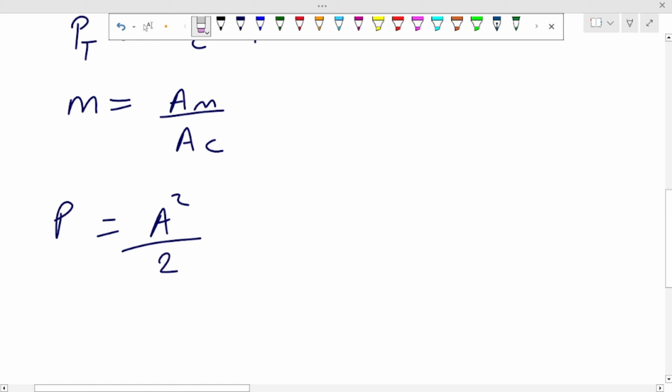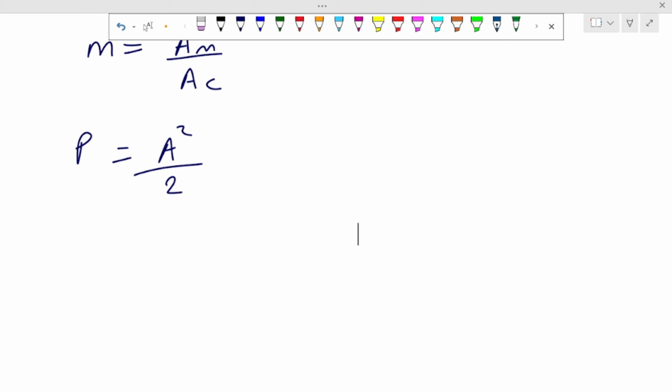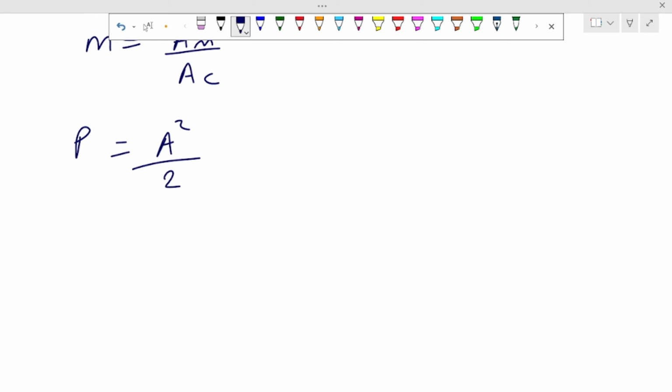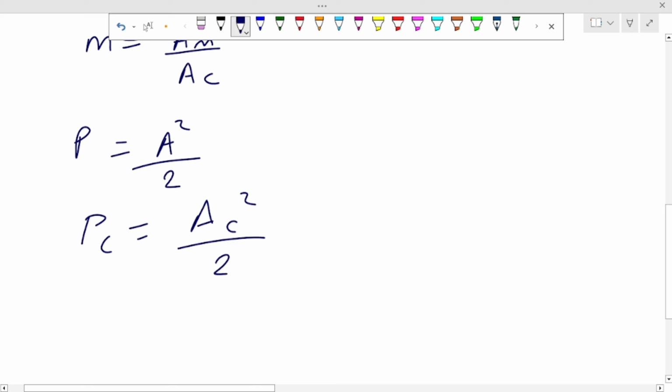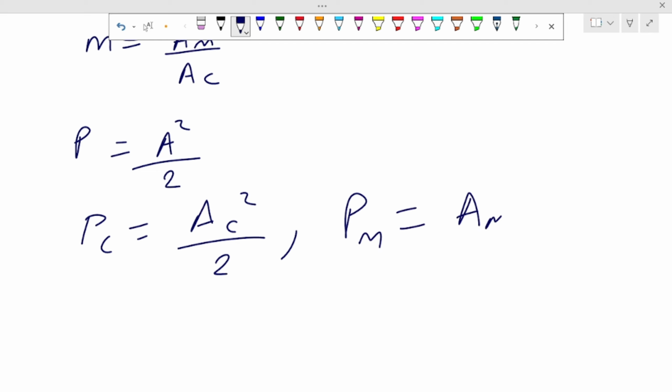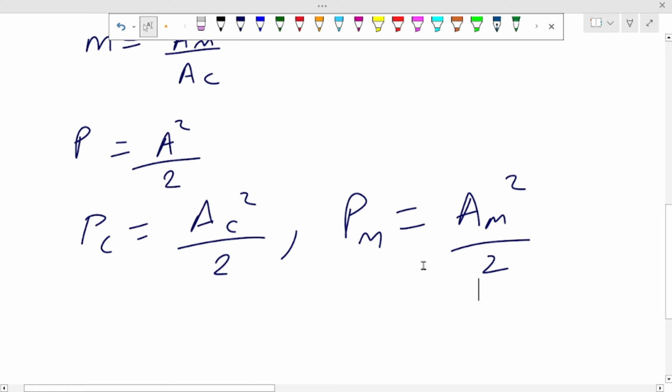Now with that said, the power for the carrier signal equals what? Amplitude of the carrier squared over 2. Are you seeing it? Then the power for the message will be what? Amplitude of the message over 2. But note that the message signal has a positive sideband and a negative sideband.